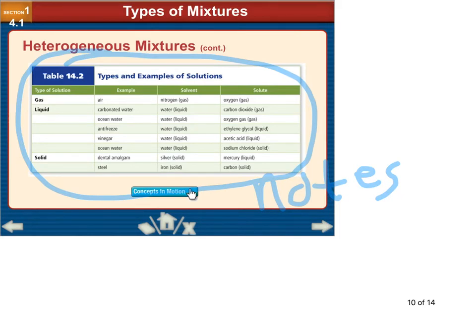Typically, the solvent is the substance that's there in more abundance, or what you're dissolving into. The solute is the substance that's present in less amount. You can have gases dissolved in gases, such as air. You can have gases dissolved in liquids, like carbonated water. So there are a lot of different kinds of solutions.